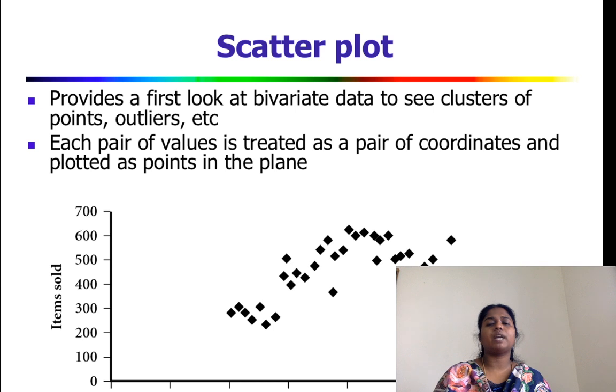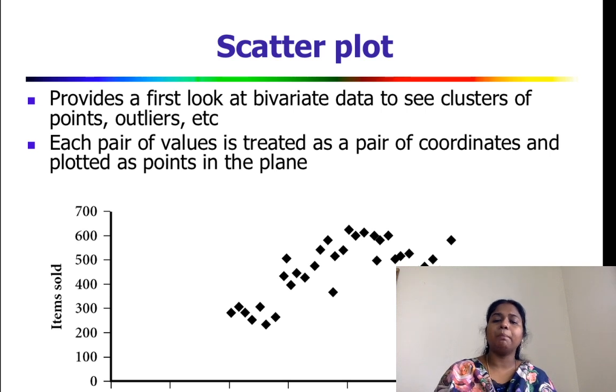When I look into that plot, I see the number of items purchased increases from $40 to $80, and when the price is over $80, the number of items sold comes down to a lesser value. So this is called some correlation. There is some dependency between the price of the object and the number of items sold for that particular object.